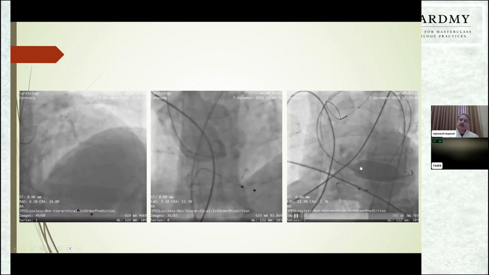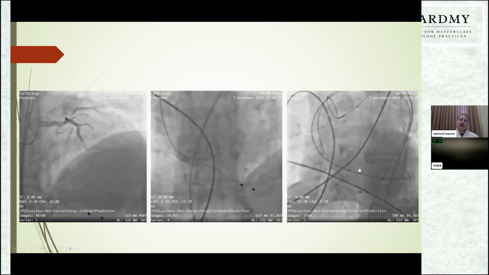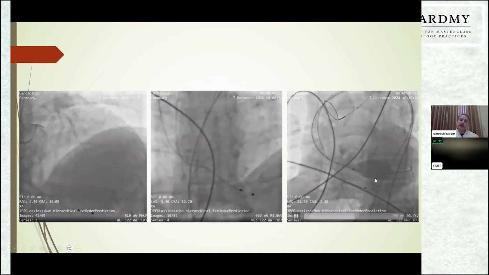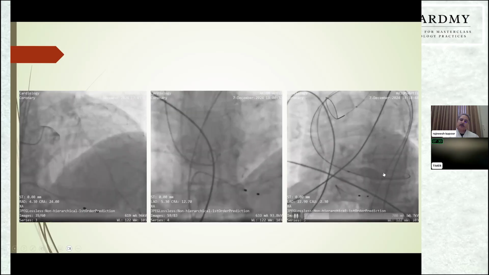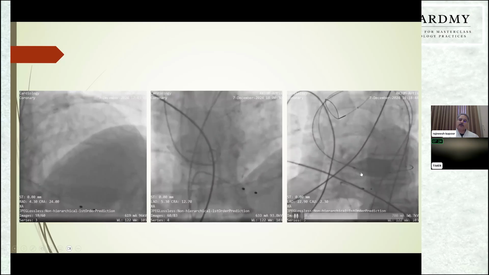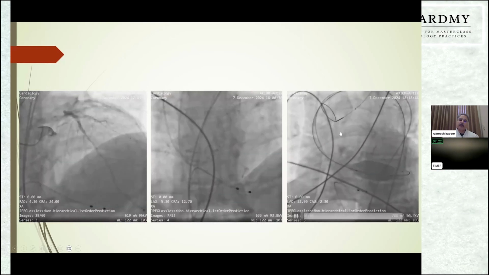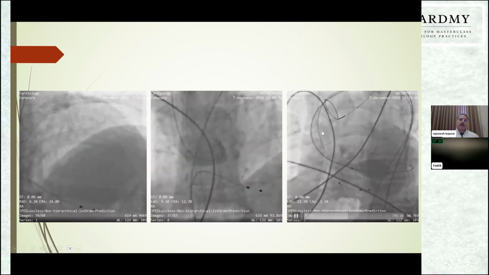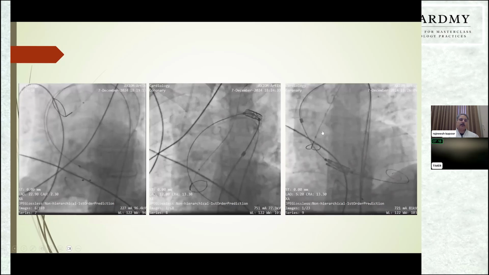We cross the aortic valve with the wire, and then have a Safari wire in place in the LV. Again, everything is through the snare, and then a balloon through this snare with which we are dilating the aortic valve. So this is very important. And now look at this. Ballooning is done. Everything is going through that snare.